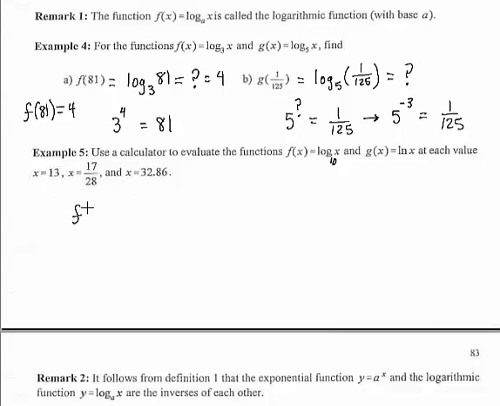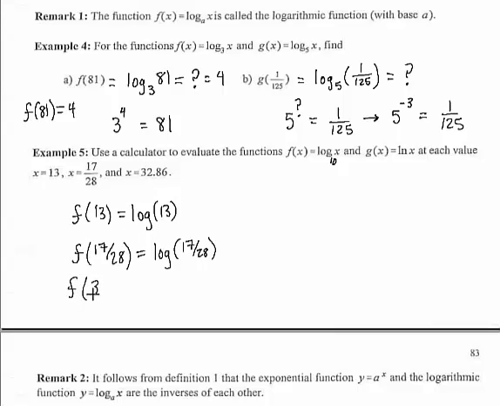So we take f of x and we plug in 13. That would be log of 13. The other number that we want to calculate as the input, 17 over 28, inserted into our function f would be log of 17 over 28, a common log.